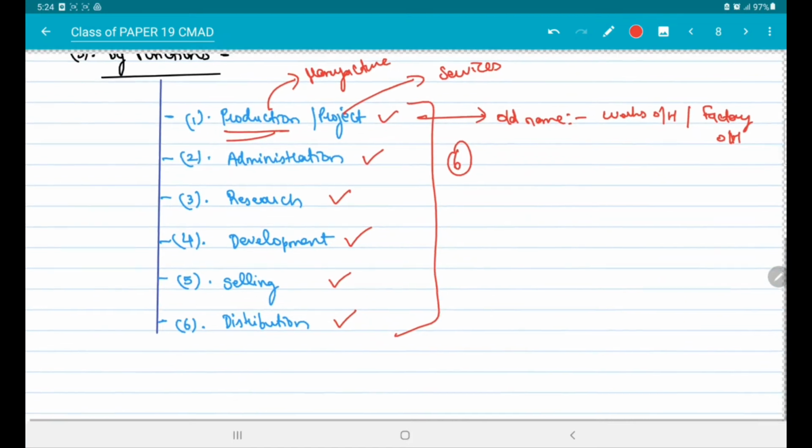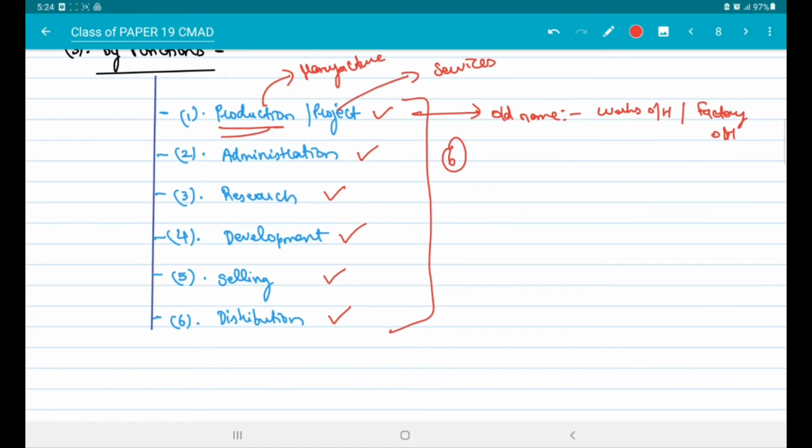So again I'll repeat, by functions 6 types are there: production or project, administration, research, development, selling, distribution. Production is for manufacture, project is for services. The old name for production or project is works overhead or factory overhead.